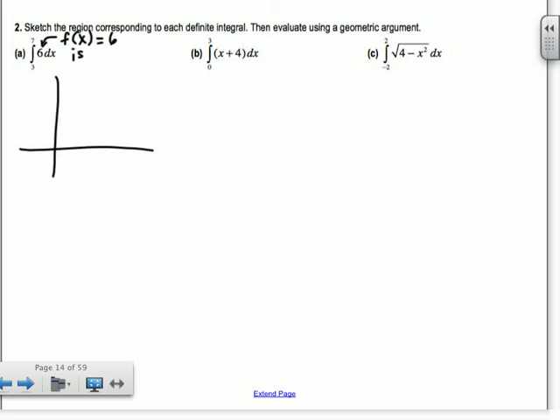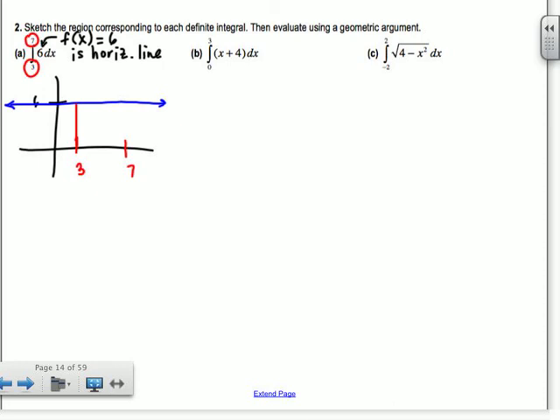So here's my function. My limits of integration are 3 and 7. So I'm going to start at 3 and go to 7. So I'm saying find the area under the curve y equals 6 between 3 and 7. So find that area.